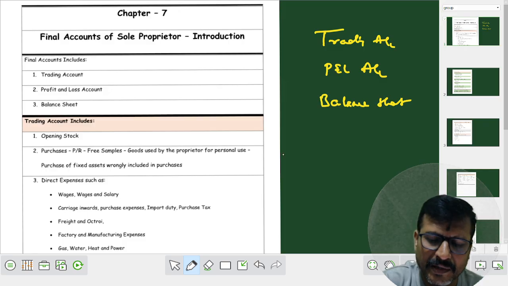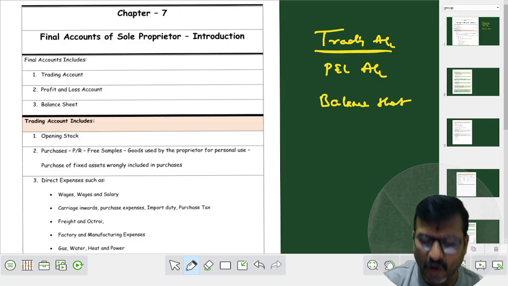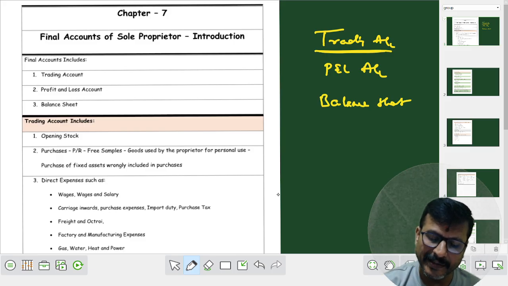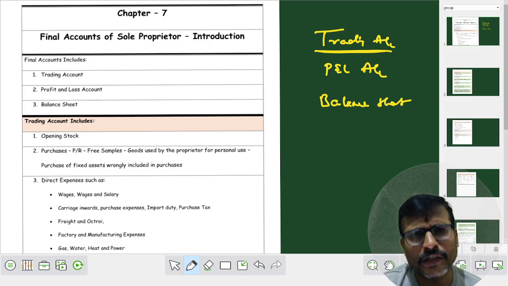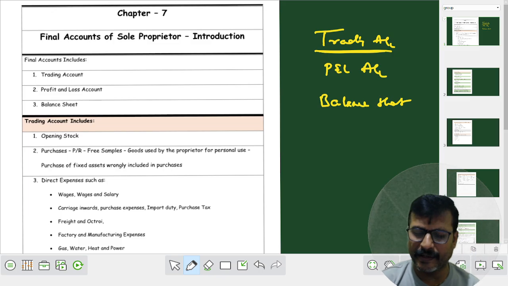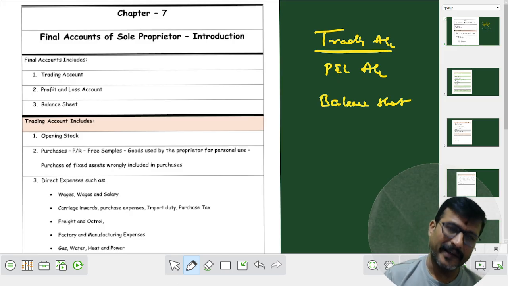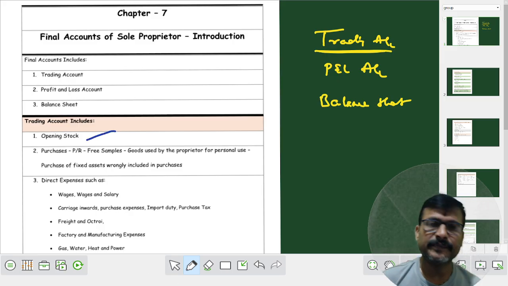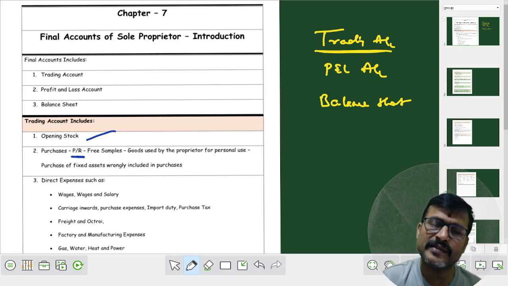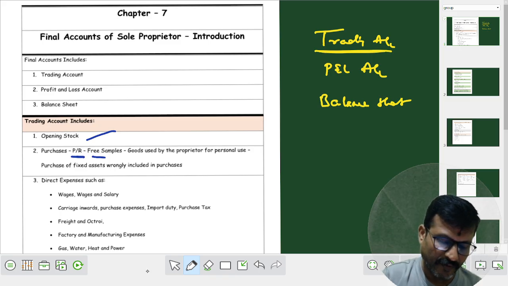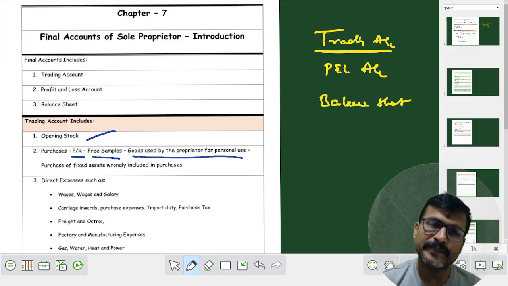We know very well that the trading account is an account of all your direct expenses and direct incomes. What are all the things involved in the trading account, my dear students? Please remember, the trading account includes opening stock. We have to take purchases. From purchases, we have to subtract purchase returns, free samples, and the goods used by the proprietor for personal use, called drawings.